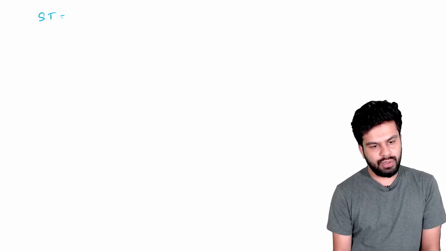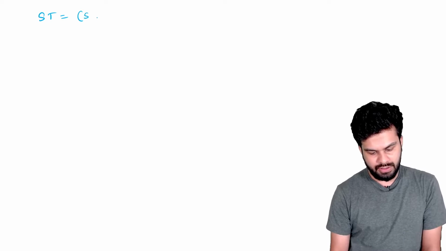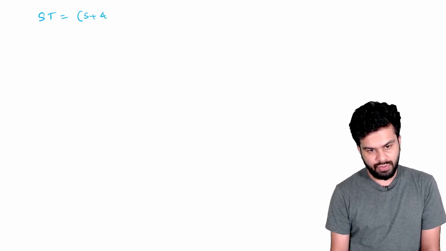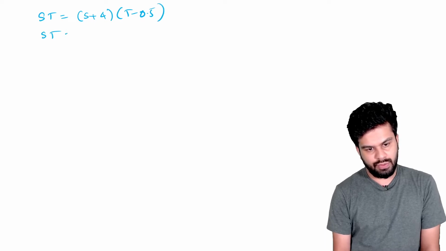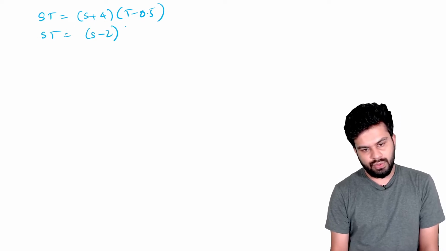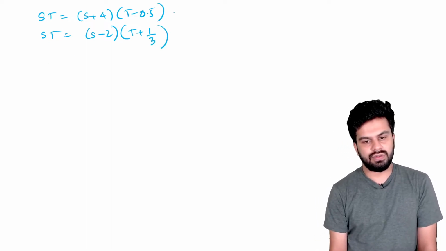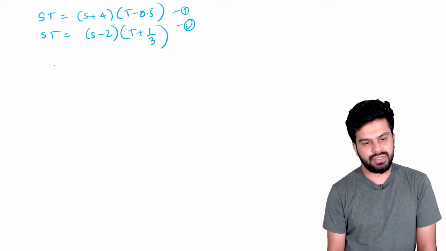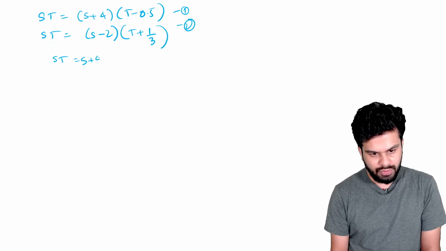So simplifying and writing, in the first case st is equal to s plus 4 into t minus 0.5, and in the second case st is equal to s minus 2 into t plus 1 by 3. Let's simplify this further. So this is equation 1 and this is equation 2. Simplifying equation 1: st is equal to s plus 4 into t minus 0.5.